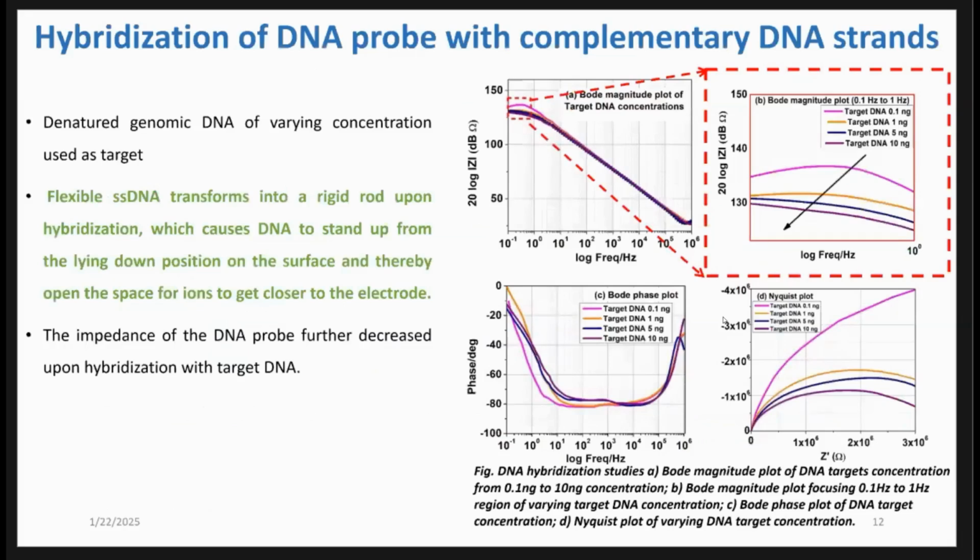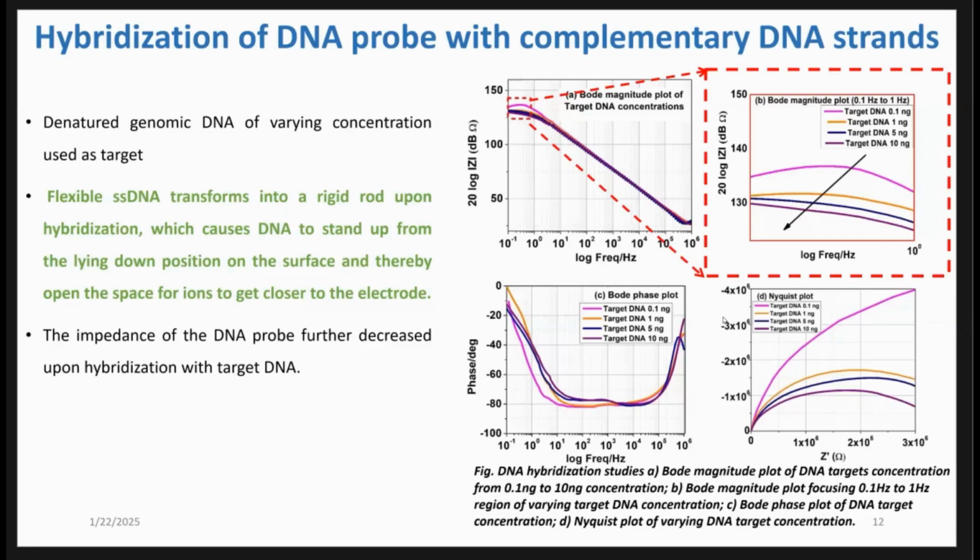So how does DNA hybridization on the electrode surface work? When you have a gold interdigitated electrode and you have fixed your DNA, which is a single probe, a 20 nucleotide sequence, it forms a layer on your electrode surface. As I mentioned, it's a non-faradaic approach, so you're doing all your measurements in PBS buffer, and you get a characteristic impedance curve. When you have a target sample which contains the corresponding DNA, and DNA hybridization takes place on the electrode surface, there is a change in the conformation of the DNA.